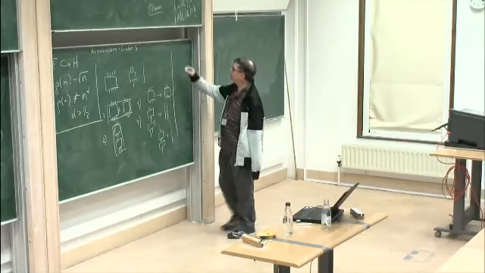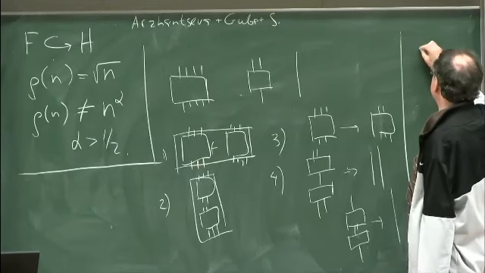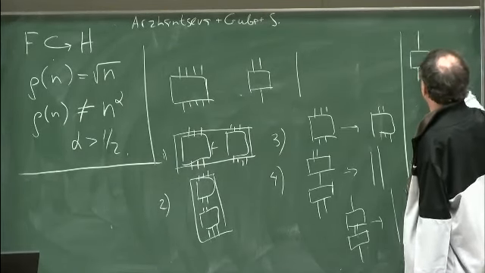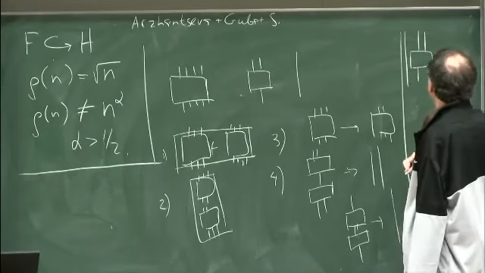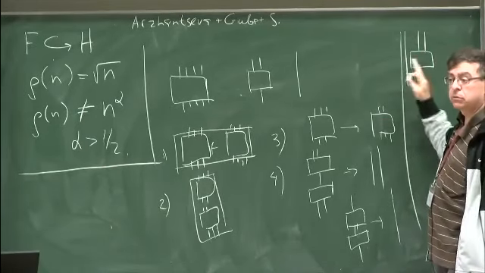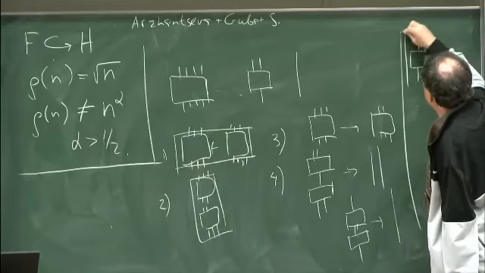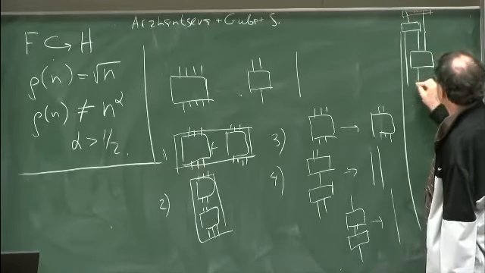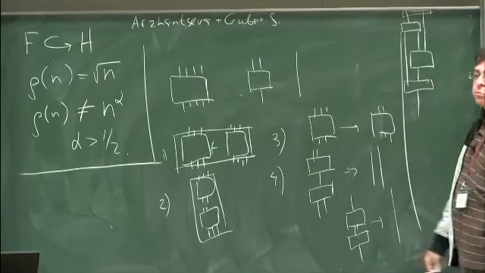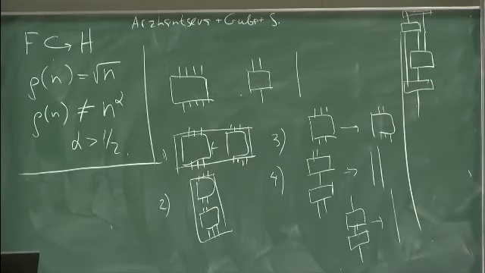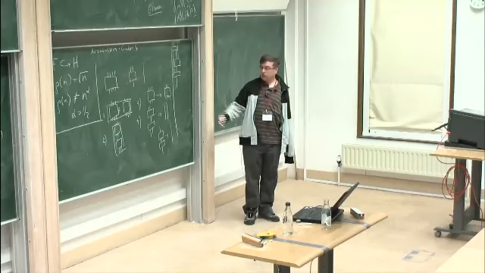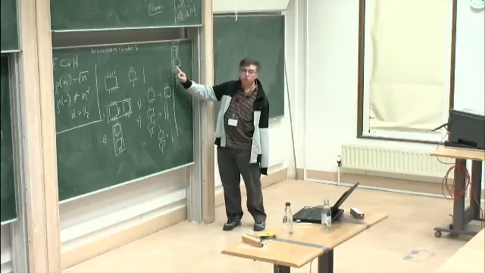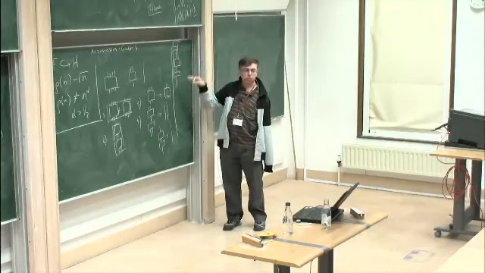For example, you can take two goes to one and add a trivial wire, and then you put another transistor on top, and so on. This is one of the examples of a transistor that you can get. So you take the basic one, add one trivial, and put things on top to make it.